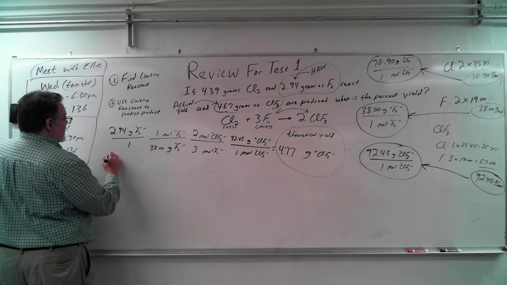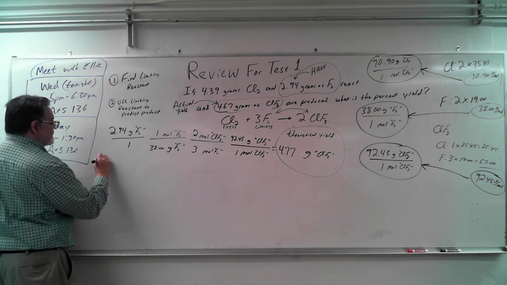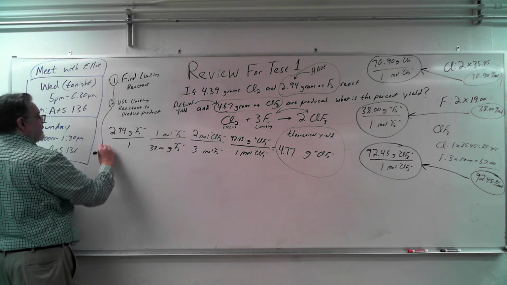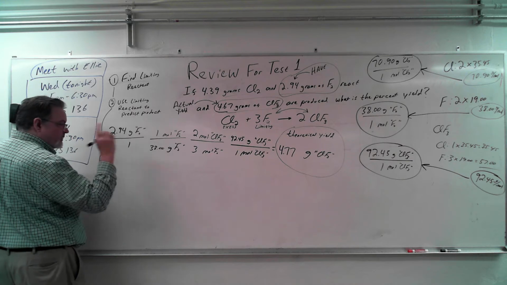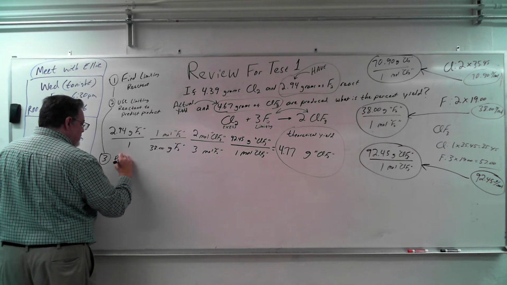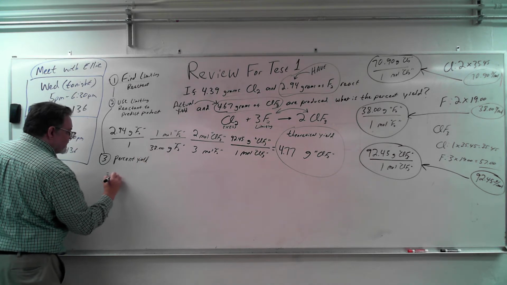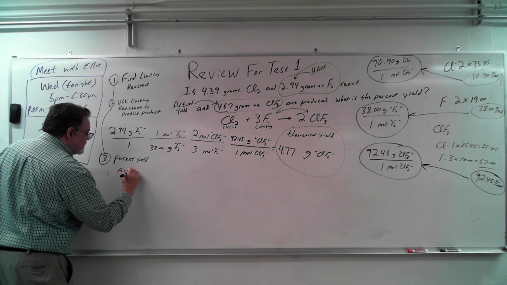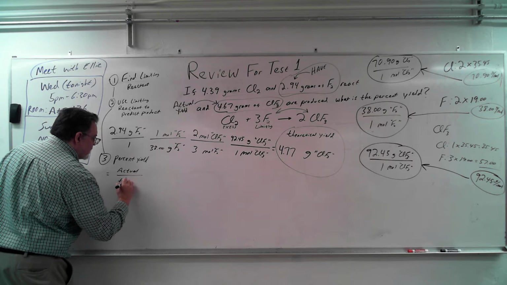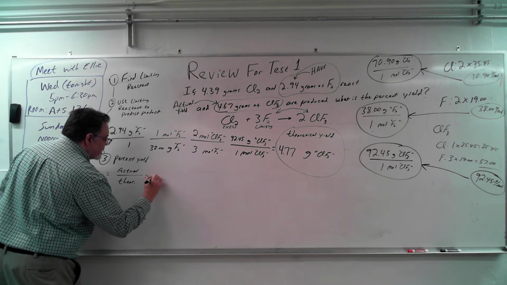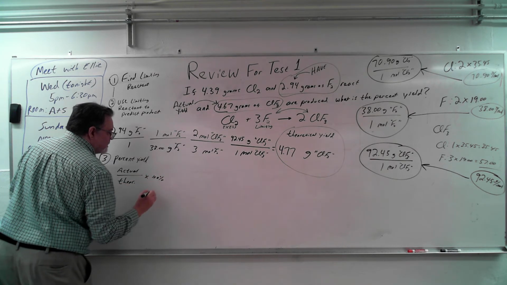To figure out percent yield. Percent yield is actual over theoretical times 100%.